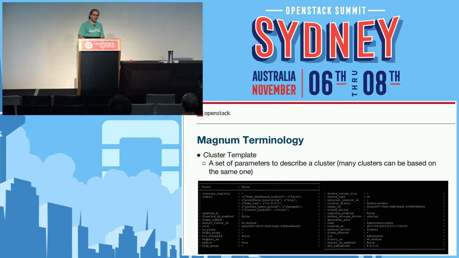We also specify an image, which is a Glance image in this case. And we have the container orchestration engine, which as I said is Kubernetes, Docker Swarm, Mesos, or DCOS. Other details are network drivers and volume drivers, but these are cluster type specific.